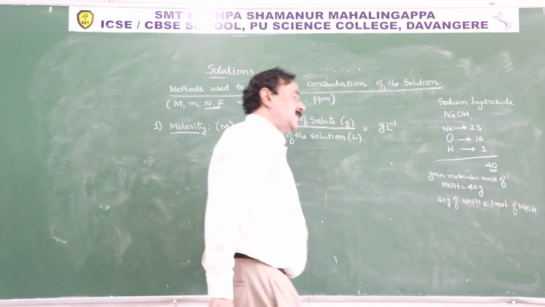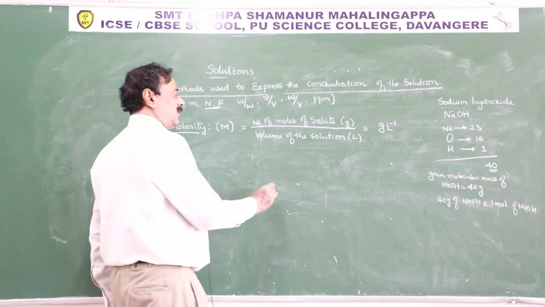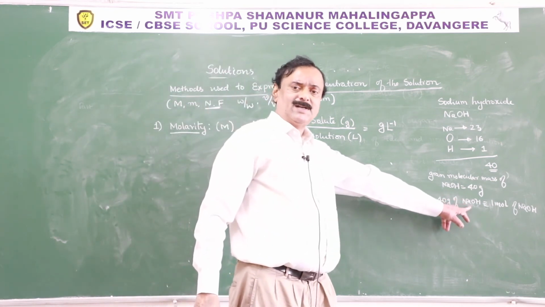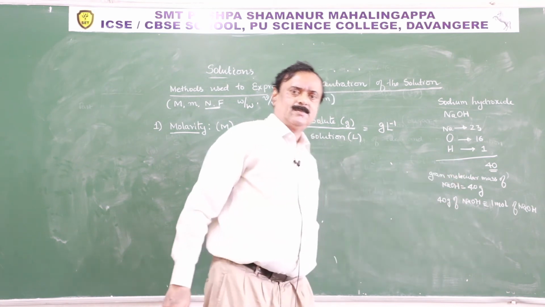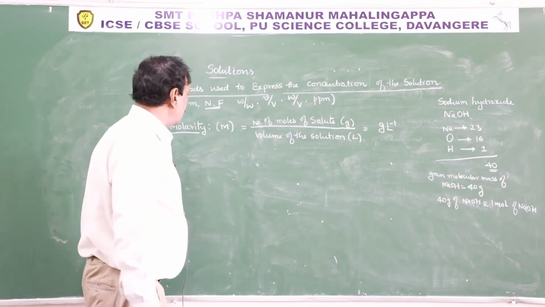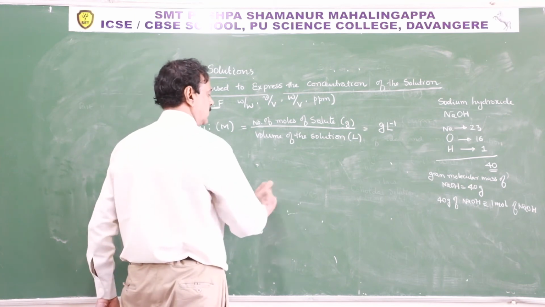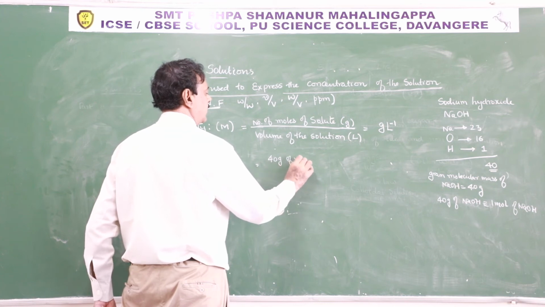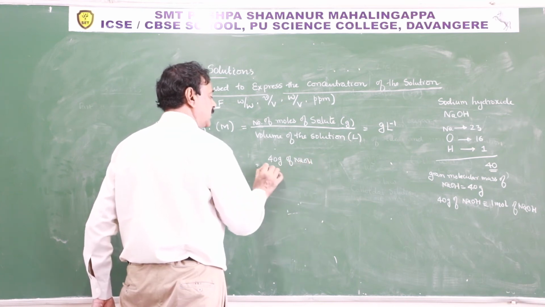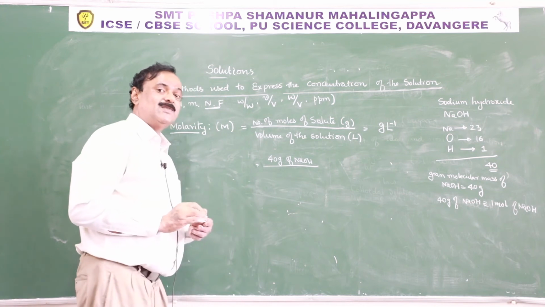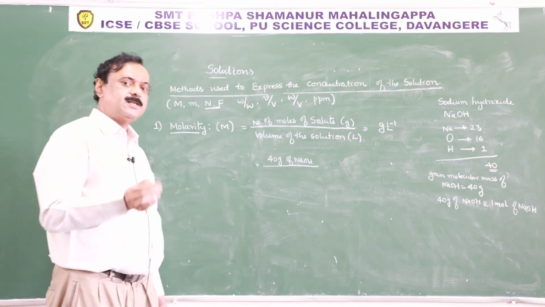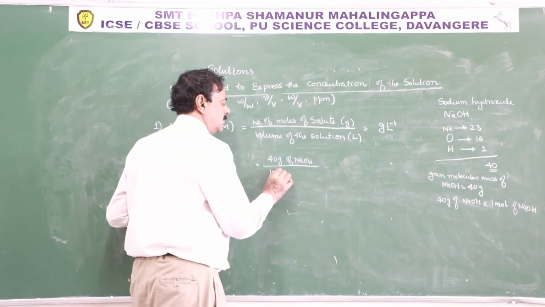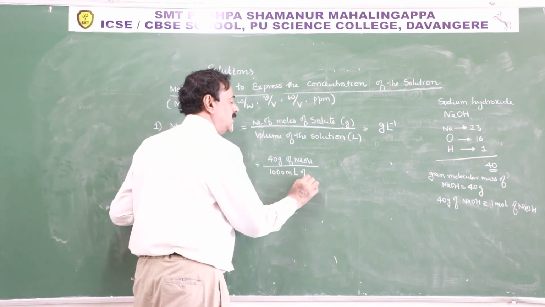When 1 mole of sodium hydroxide, or 40 gram of sodium hydroxide, is dissolved in 1000 ml of the solution, then it is called a 1 molar solution.